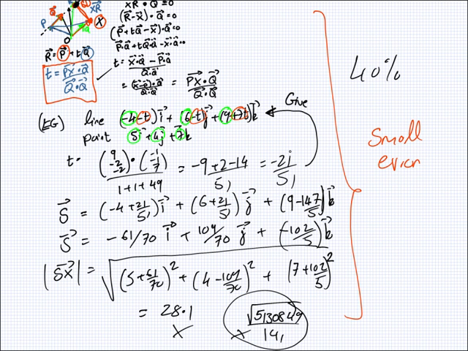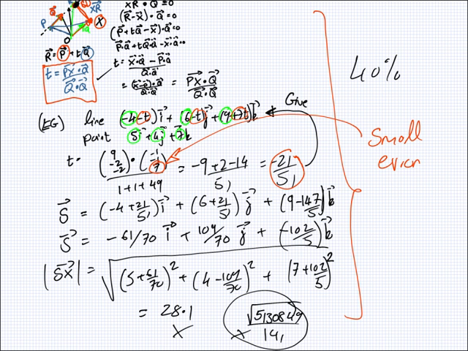Maybe it's this one. What is this? Is that 7 or 17? 17. Ah, that's the problem. I thought it was a 7. Okay, well that's the mistake. It's 17 and I did 7. So there's the mistake.